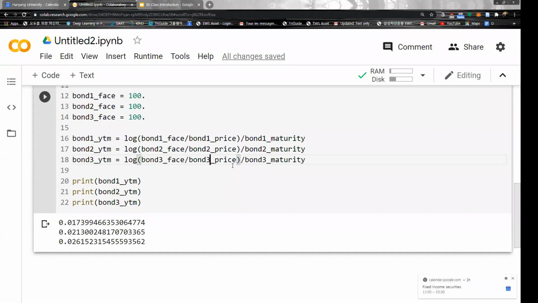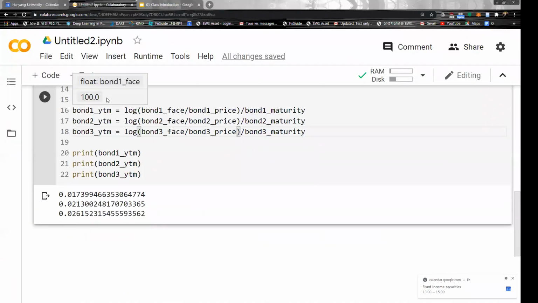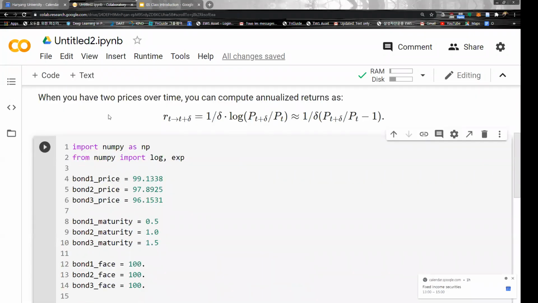Okay. And then in the table, we also have a forward rate. Now, forward rate is, of course, about the forward rate, and we need to compute it. What you can use is kind of intuition.